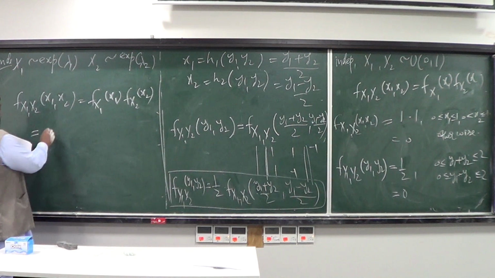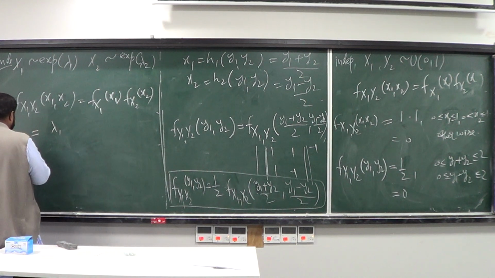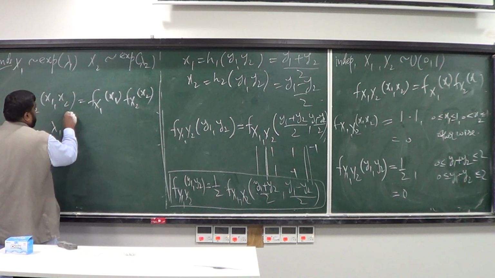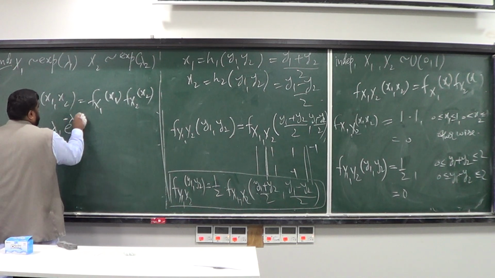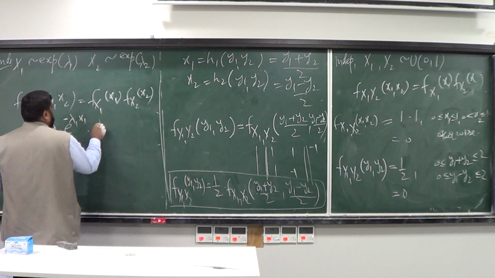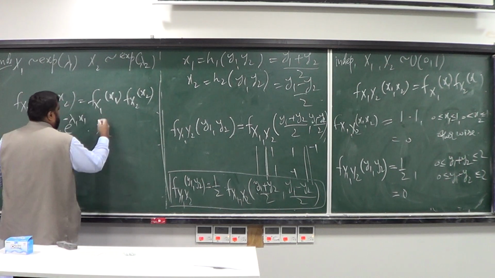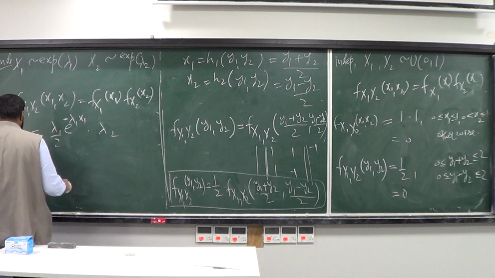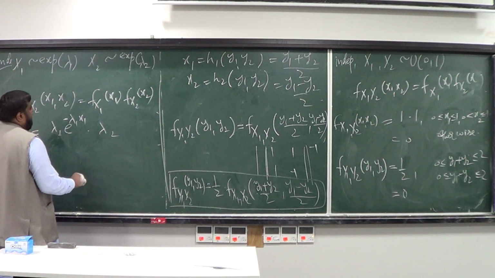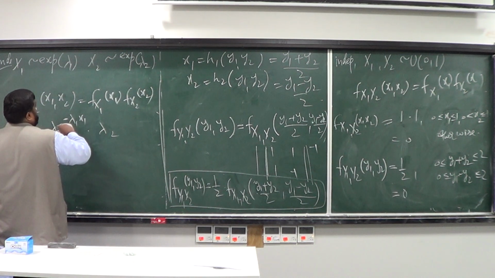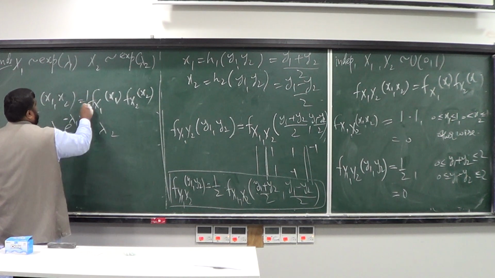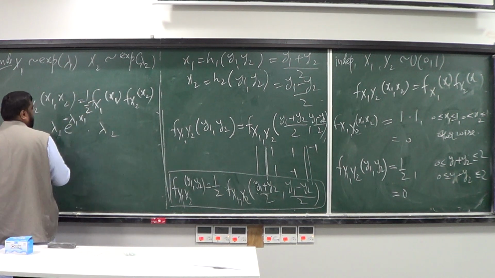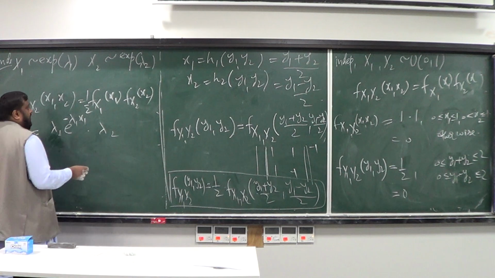It's lambda 1 times exponential of minus lambda 1 x1, times lambda 2 exponential of minus lambda 2 x2.